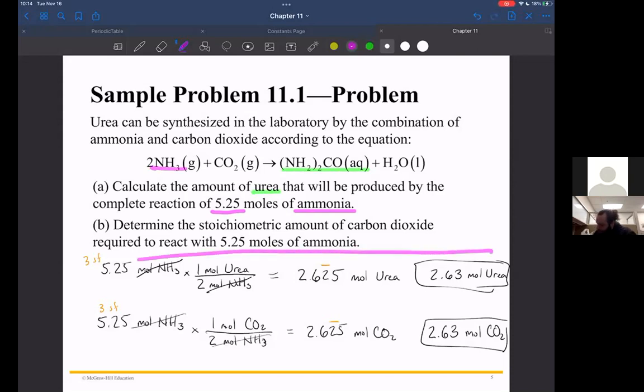And what we did in this calculation was say, okay, if all 5.25 moles of ammonia is consumed, then we would get this much urea. We would get 2.63 moles of urea. That's the theoretical yield of this reaction. If 100% of your ammonia is converted to urea, this is what your yield would be, okay? So that's what we would call the theoretical yield, the one that we calculate.